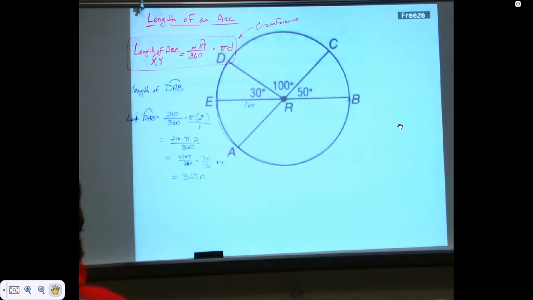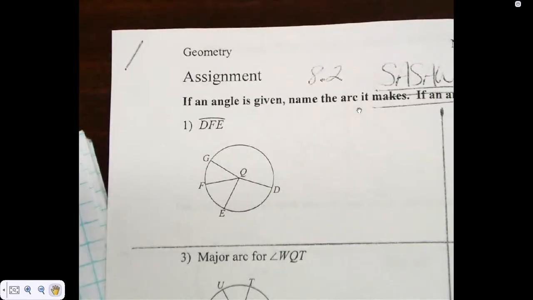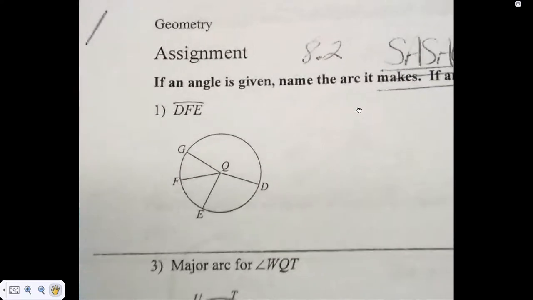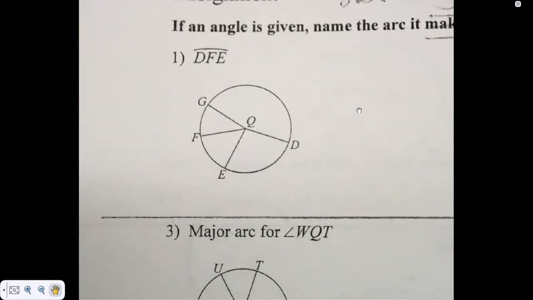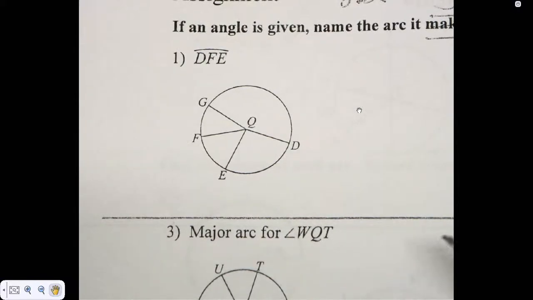Now, if you'll notice, the first one says to name the central angle of the arc given. What's the central angle for DFE?